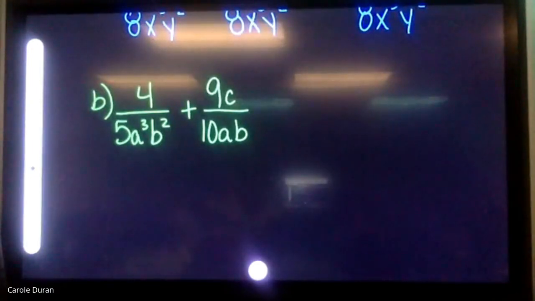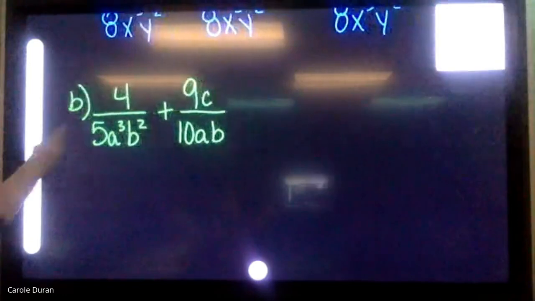What's my first step here? Break down what I can in the denominator so we can see what we need to add in order to make them match. This is not a required step. If you can see it without having to do that, that's fine. I'm going to do it though, just in case anybody has a question.